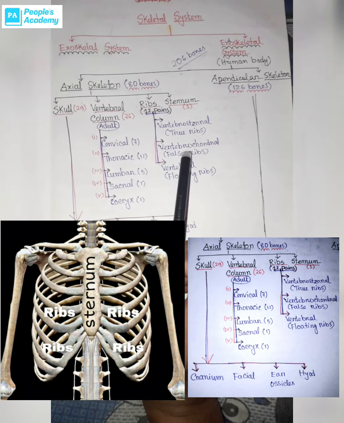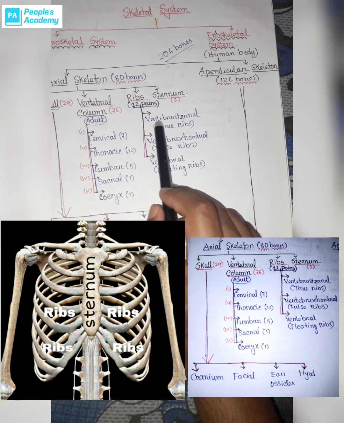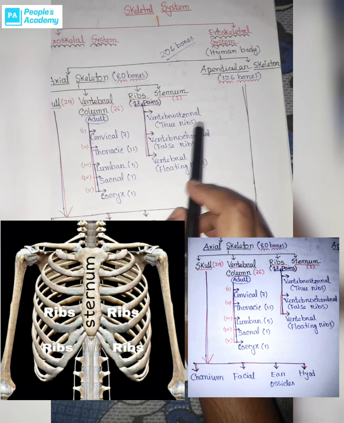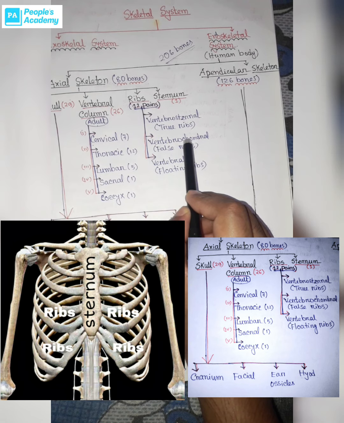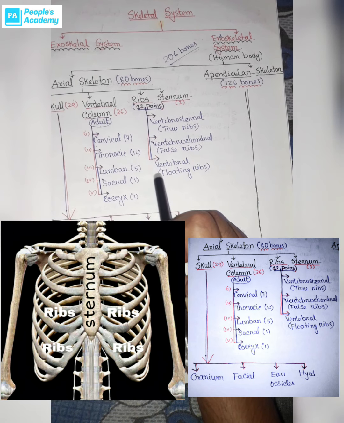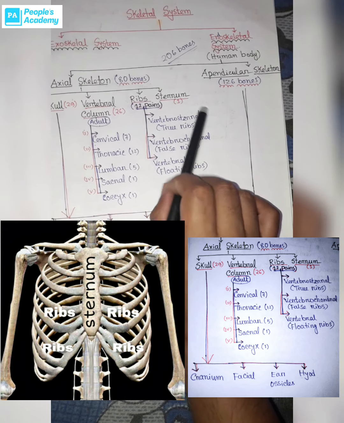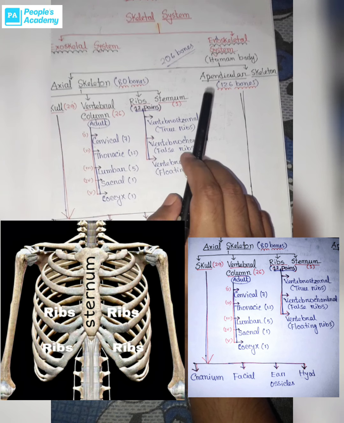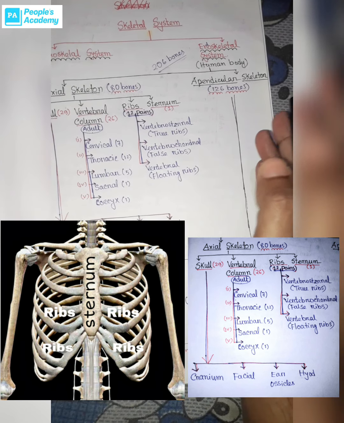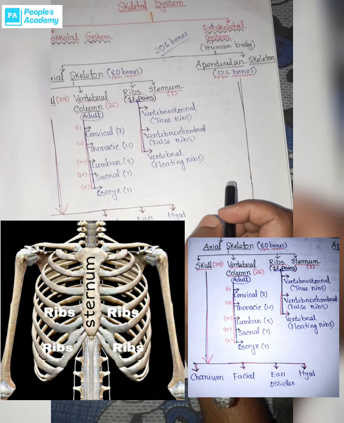There are three types of ribs in the human body: vertebrosternal, that is true ribs; vertebrochondral, that is false ribs; and vertebral, that is floating ribs. Now coming to the sternum. The sternum is a flat bone present in the middle of our thorax or chest cavity.